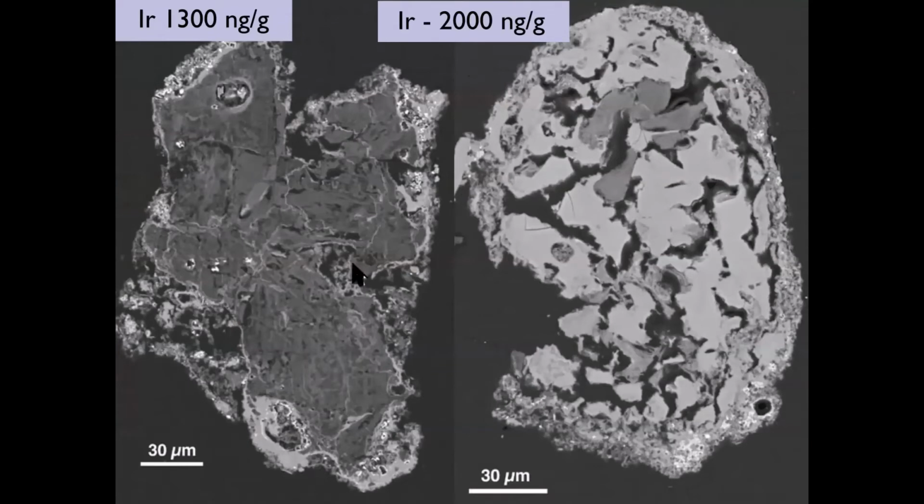This doesn't look at all like a spherule. I think this is a fragment of the matrix from a carbonaceous chondrite. This thing looks to be around 70 or 80 microns across. Similar here, I'm not sure what this is, but this actually has a very high amount of iridium in it. But I think that what we're finding here in the really fine fragments is actually very tiny pieces of the Cretaceous-Tertiary asteroid.